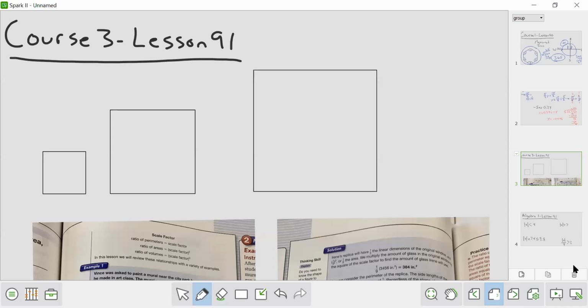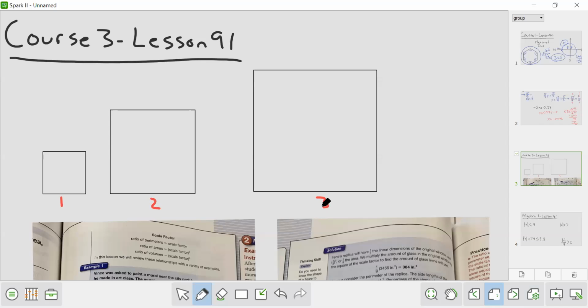All right. So we're going to be talking about scale factor. And it gets tricky when you talk about scale factor with area and with volume. But let's say that the dimensions of this square are 1, and the dimensions of this square are 2, and the dimensions of this square are 3, all right?